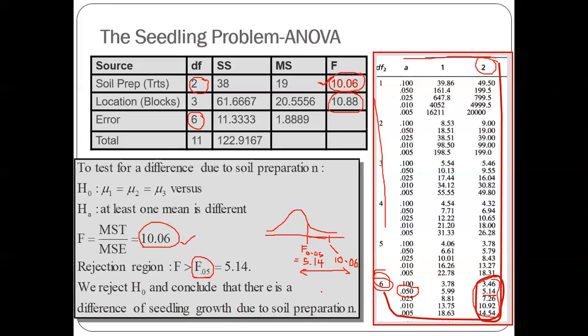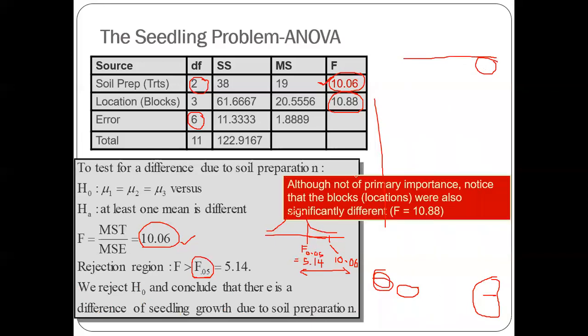Okay, so in this situation also, it stated that although not of primary importance, the F statistic of blocks, that is 10.88, is not of primary importance.